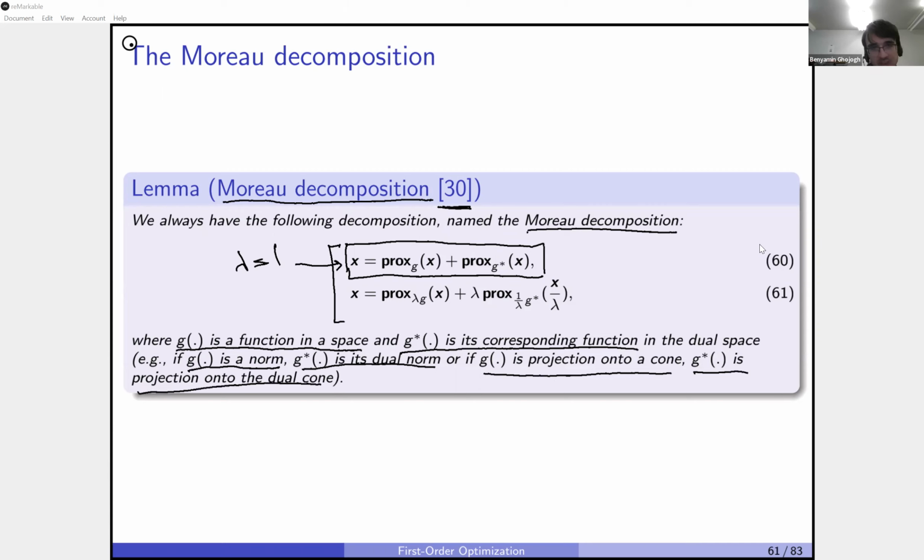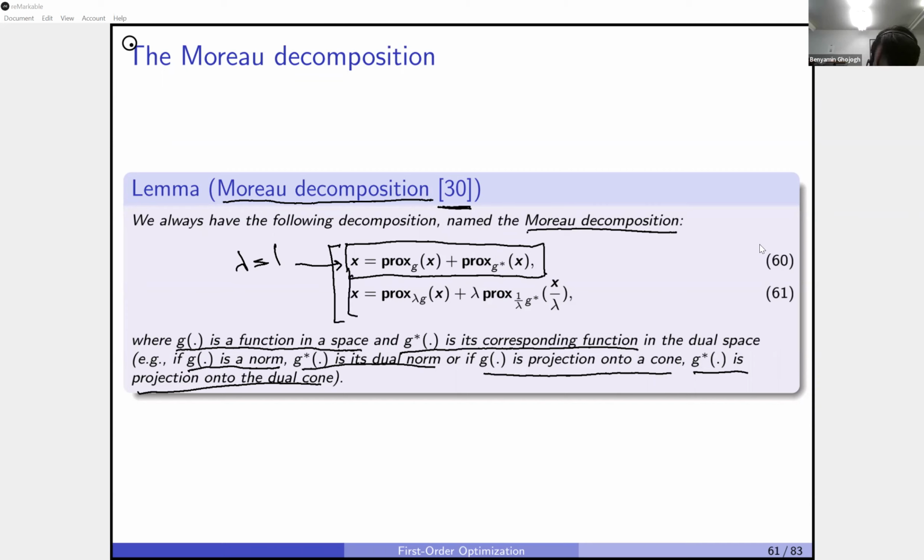These are some examples. In the parentheses, I'm saying that G is a function, G star is a dual function. And writing x as the prox of x with function G plus prox of x with function G star is called Moreau decomposition. The left-hand side x equals the right-hand side, the summation of these two terms.